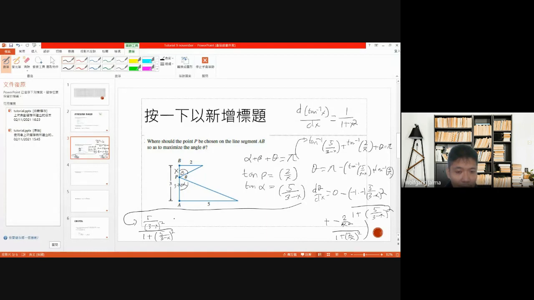Maybe it's better if I write it as plus 25 over 3 minus x squared. This one becomes minus 2 over x squared over 1 plus 4 over x squared, equal to 0.